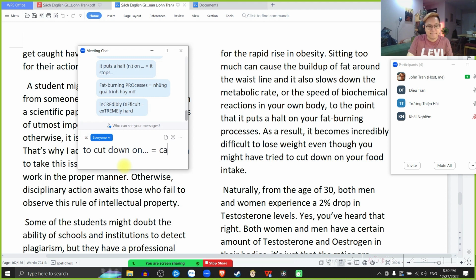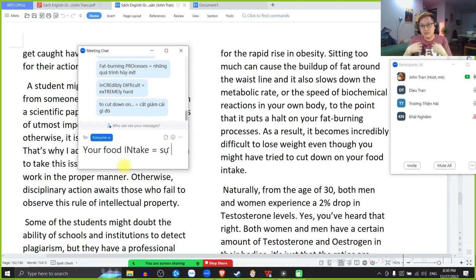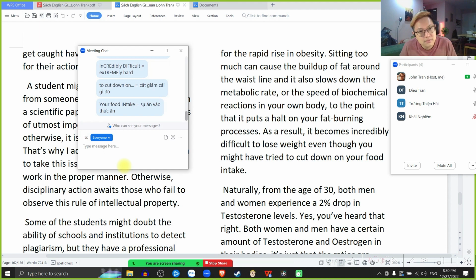To cut down on là cắt giảm. Your food intake. Intake, take in là lấy vào, thì là intake, nó là sự ăn vào thức ăn. Ráng cắt giảm cái khẩu phần ăn, cắt giảm lượng ăn vào rồi.